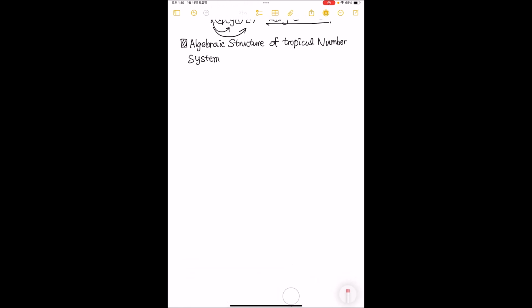Okay, the next theme is the algebraic structure of a tropical number system. The next question is how we can understand T from an algebraic view.